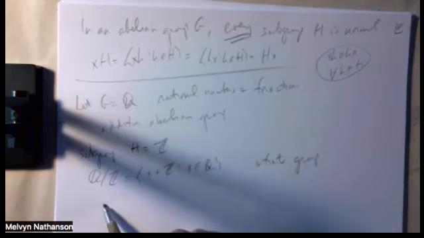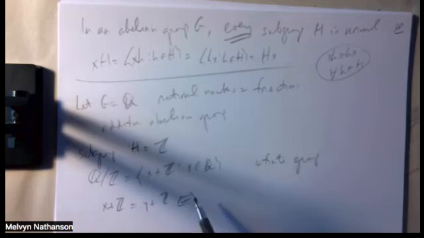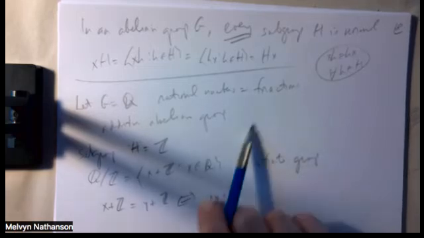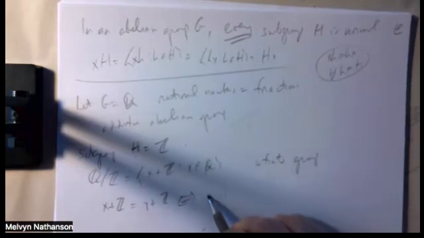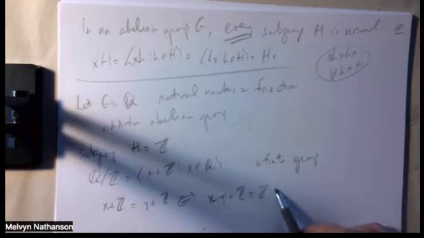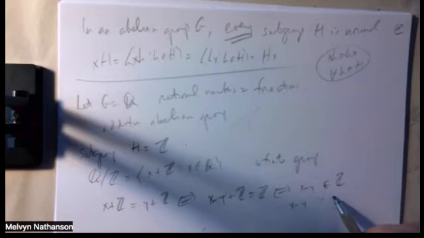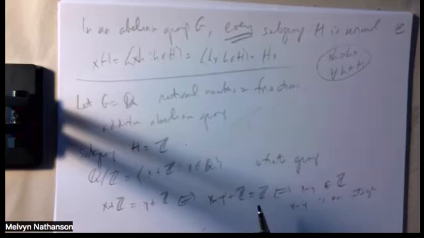And we can say that the coset x plus Z equals the coset y plus Z if and only if x minus y plus Z equals Z, if and only if x minus y is in Z. That means x minus y is an integer.